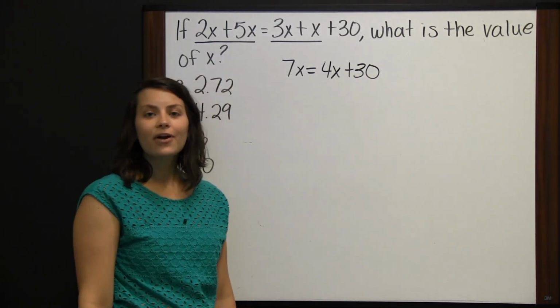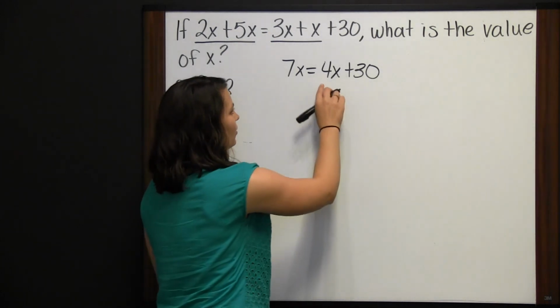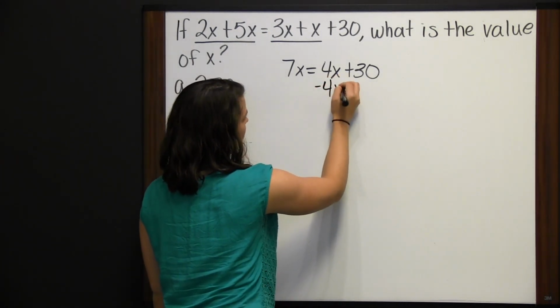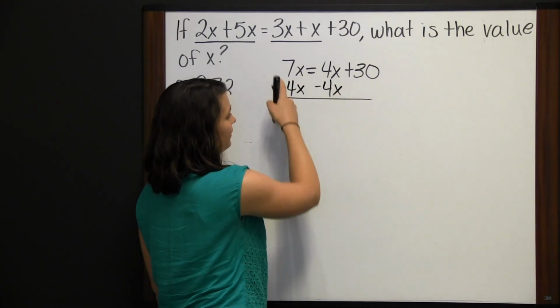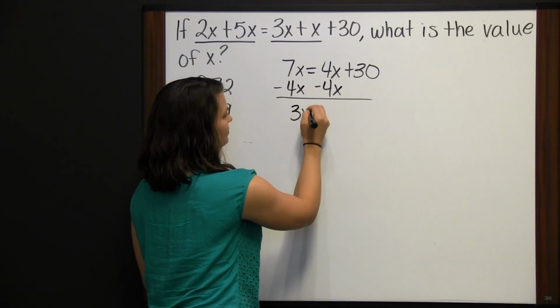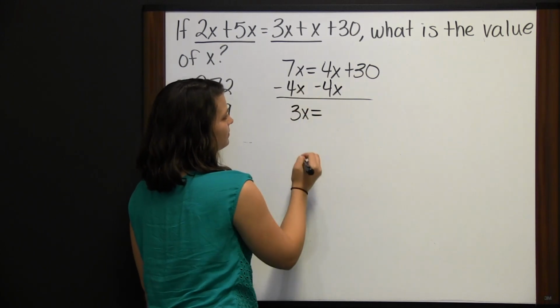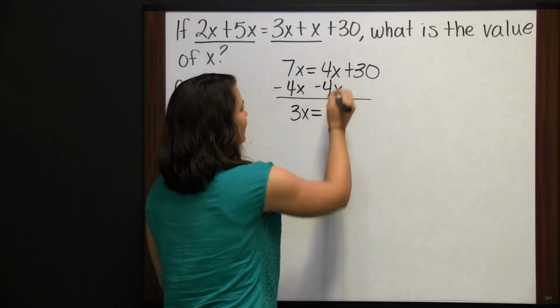Next, we need to get all of our x terms on the same side of the equal sign. We'll do this by subtracting 4x from both sides. 7x minus 4x is 3x. Bring down the equals. 4x minus 4x cancels.